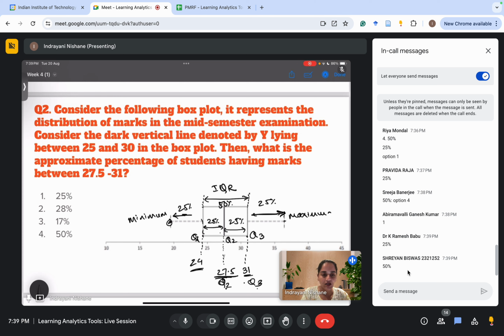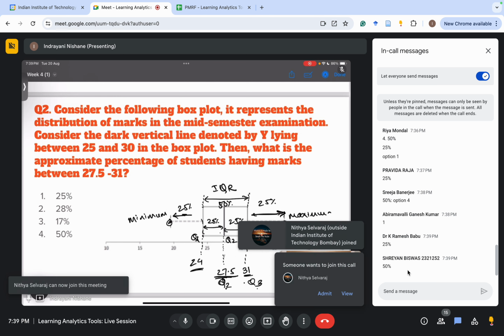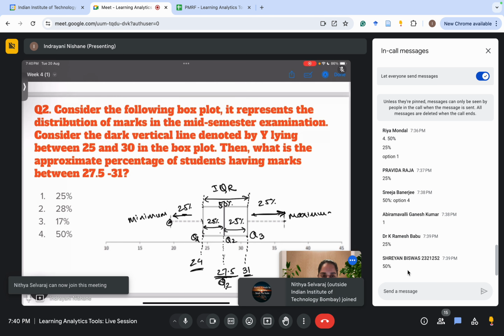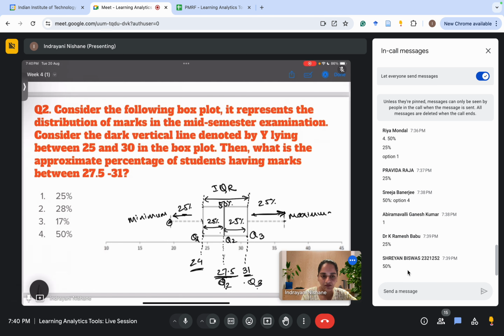Those who have gotten the answer as 50%, do you want to share how you came to that answer? Shreyan and Shrija, you can type in the chat box or you can unmute. Shreyan, you seem to have typed it after I was done explaining, so you still think the answer is 50%.